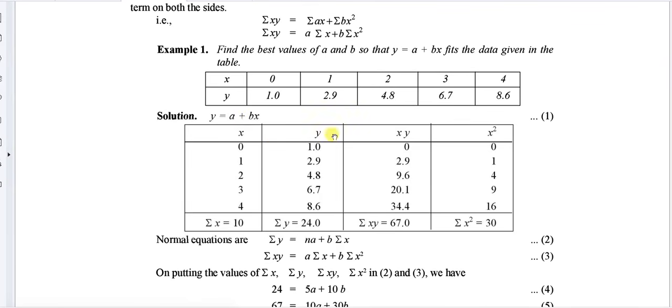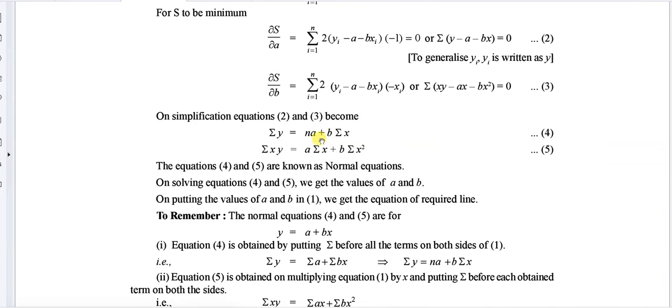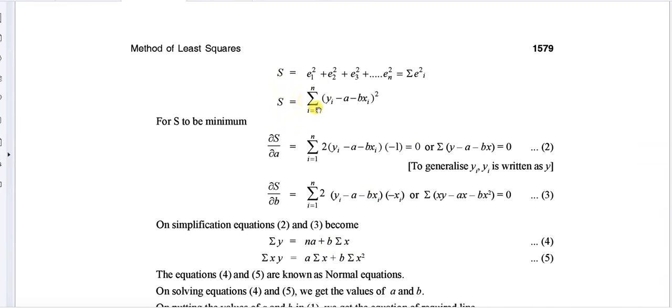To compute a and b, I want to create two normal equations in terms of a and b. For that, I'm using least squares, which is nothing but the gradient method. Gradient means simply differentiating with respect to a and b and equating to 0. Why equate to 0? I'm choosing the stationary points.